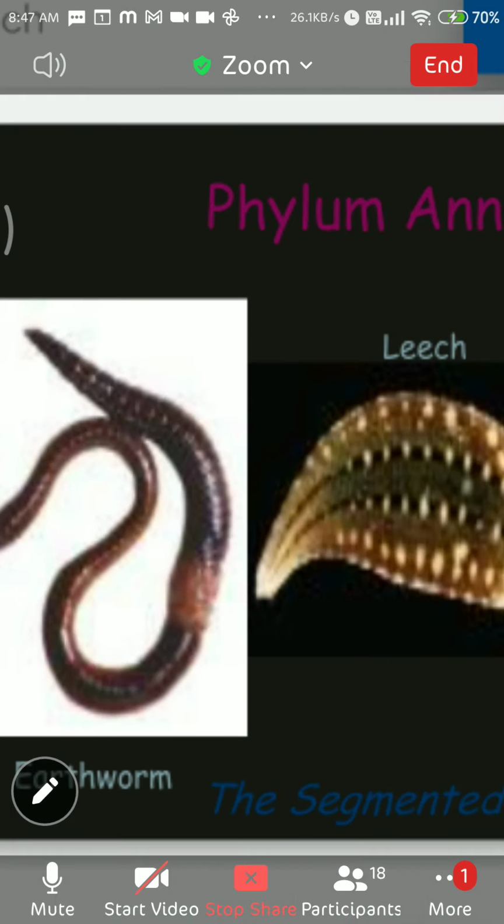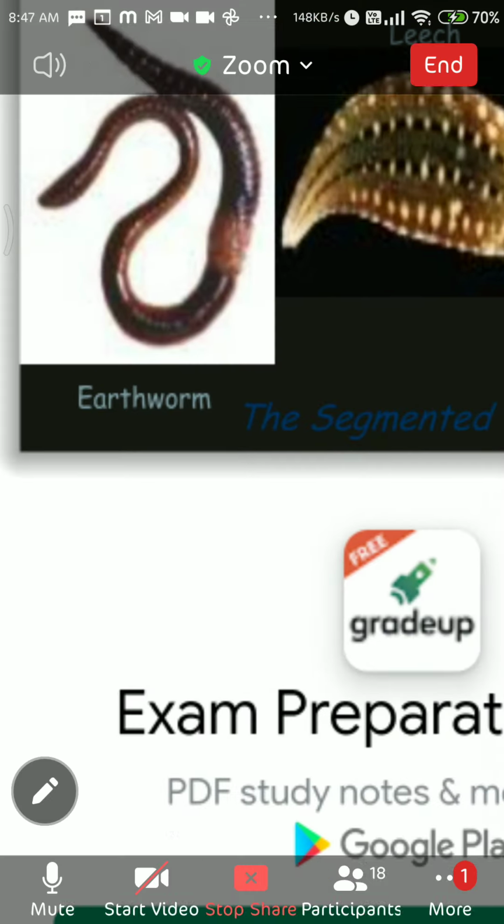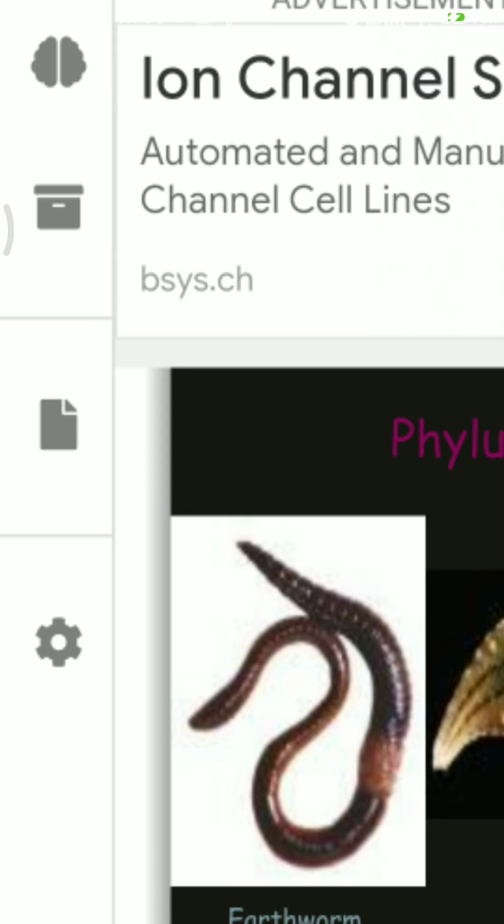Right here, this is an earthworm. This is a member of Annelida, and here you can see the body has ring-like segments. They are mostly free living worms that live in the soil and water, and they have a mouth at the tip of the body and an anus at the other end.